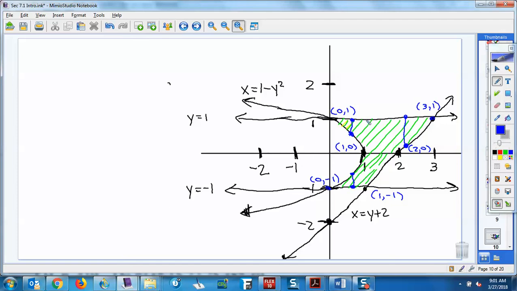Well, here's the line x equals 1 right here. So this is 3a. In other words, they're saying find this region.